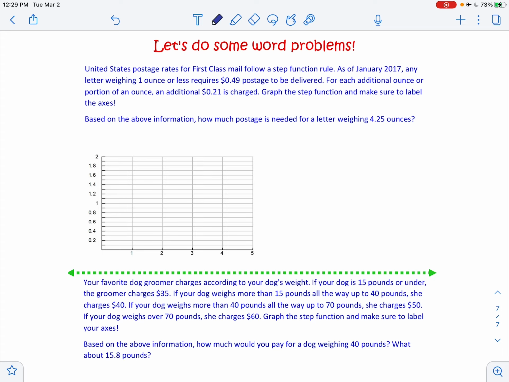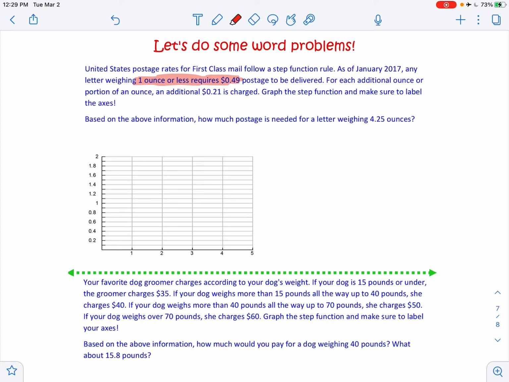All right, so when I write this step function, I want to look for some important information. The first thing is, how much does it cost for that first ounce? If I give a letter between 0 and 1 ounces, it tells me that if I weigh 1 ounce or less, I'm going to require 49 cents of postage in order to mail it. So 49 cents for 1 ounce or less.